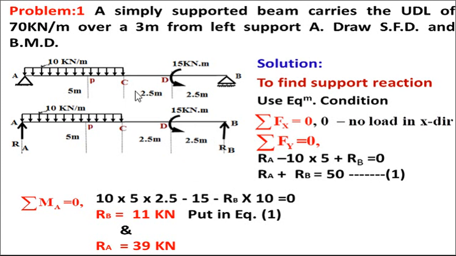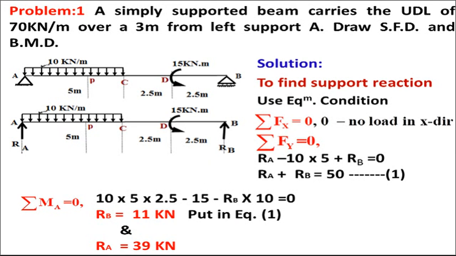If it is clockwise like this, then add plus. Now it is anti-clockwise, here it is minus 15 minus RB into total span 10. Okay, RB will rotate anti-clockwise about A, like this, anti-clockwise, into perpendicular distance. Okay, so in this way, by solving this, you will get reaction RB first 11 kilonewton and RA is 39 kilonewton.